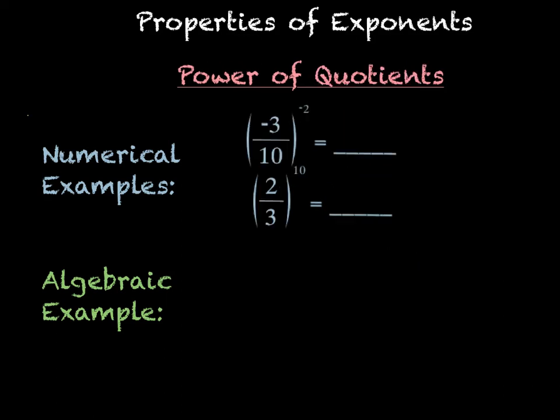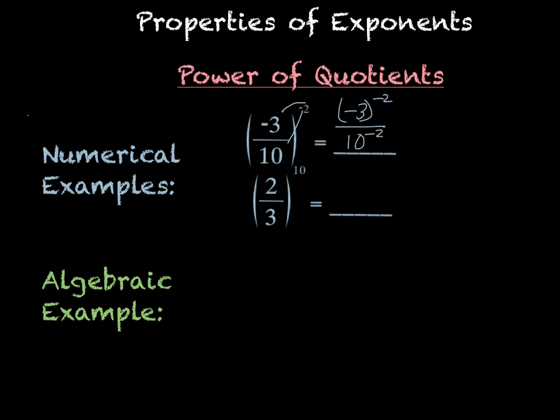And the last property of exponents is the power of quotients. Quotients are fractions, so same principle, just fractions. For my first example, I'm going to put my negative 2 into each one. And I have negative 3 to the negative 2 power over 10 to the negative 2 power.